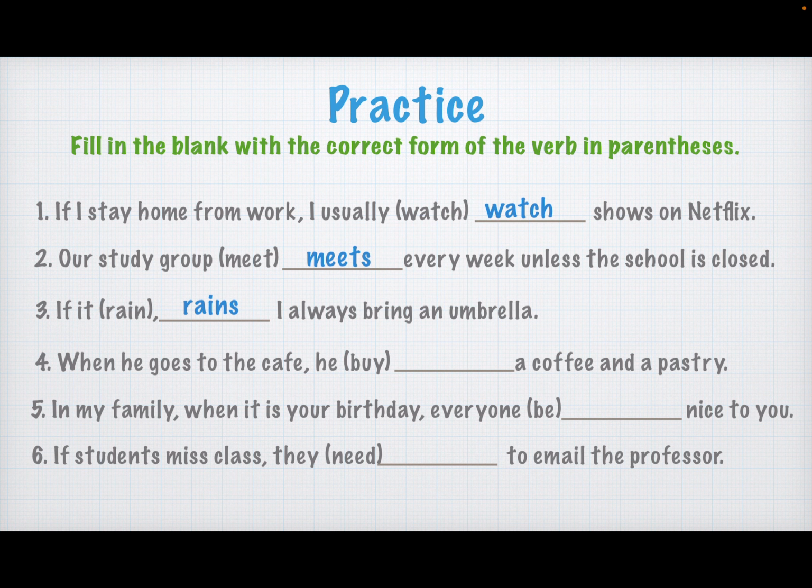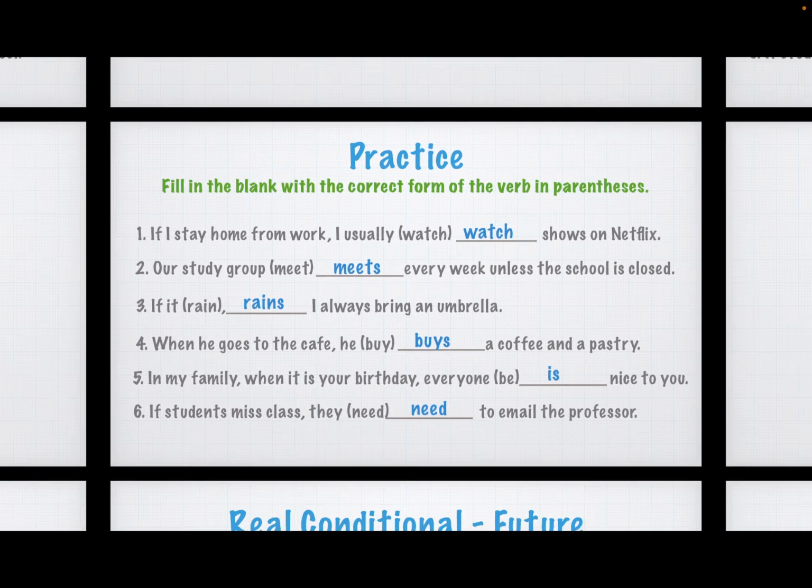I always bring an umbrella. Number 4, when he goes to the cafe, he buys a coffee and a pastry. Number 5, in my family, when it is your birthday, everyone is nice to you. And number 6, if students miss class, they need to email the professor. All right, great job, you guys.